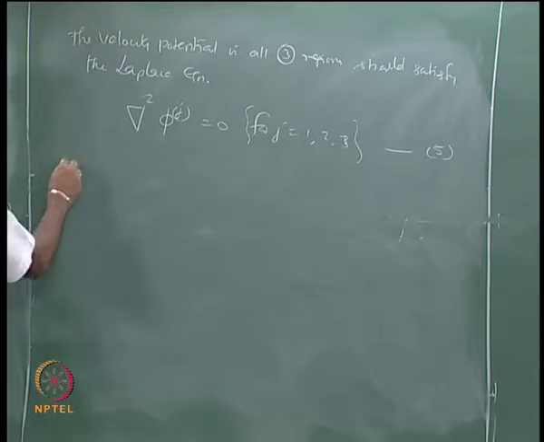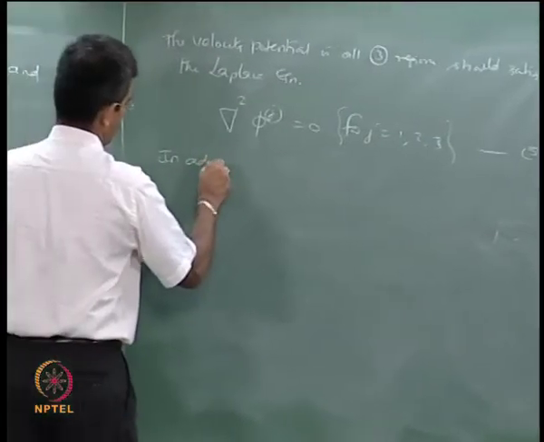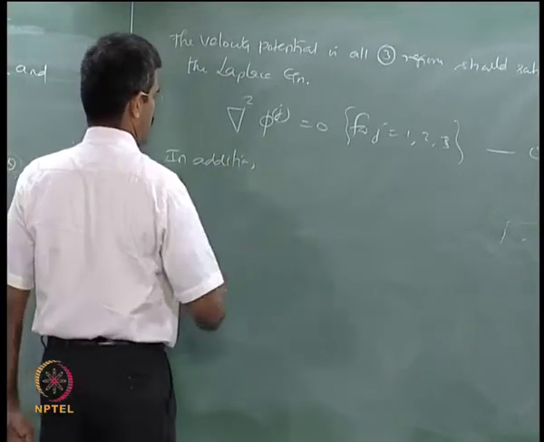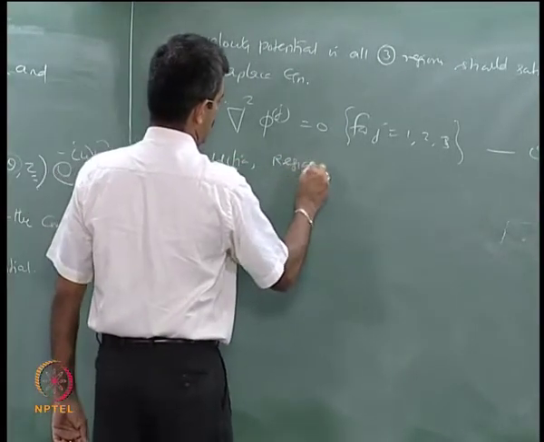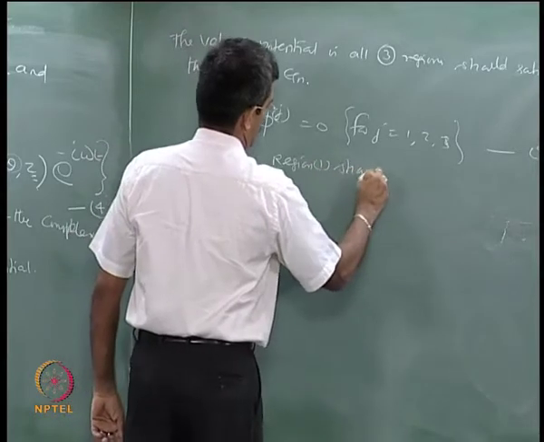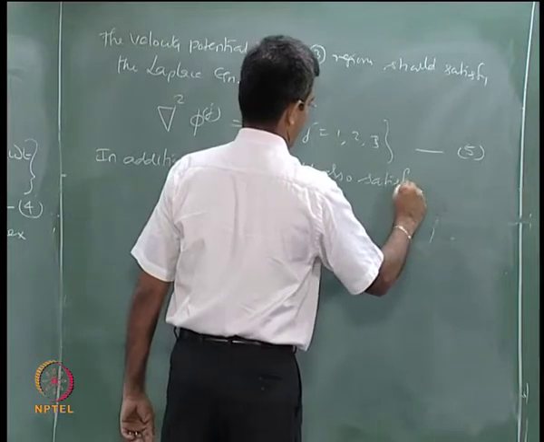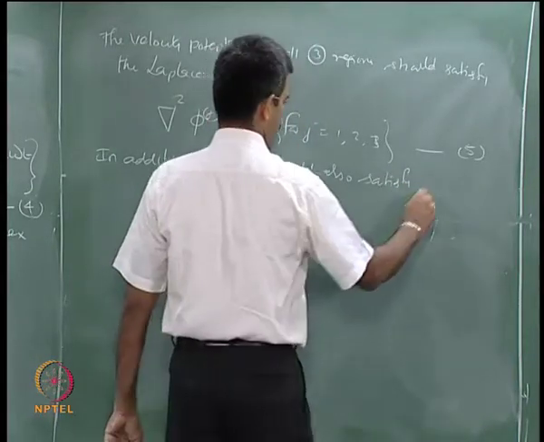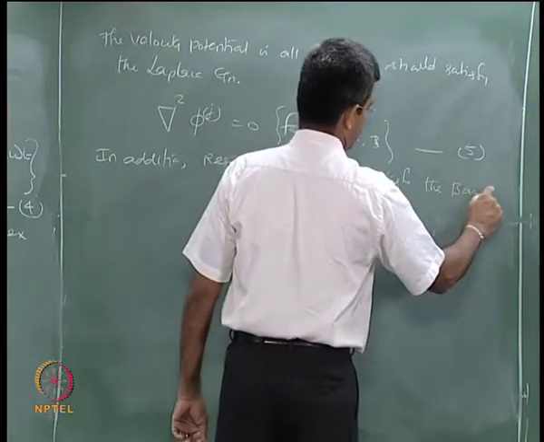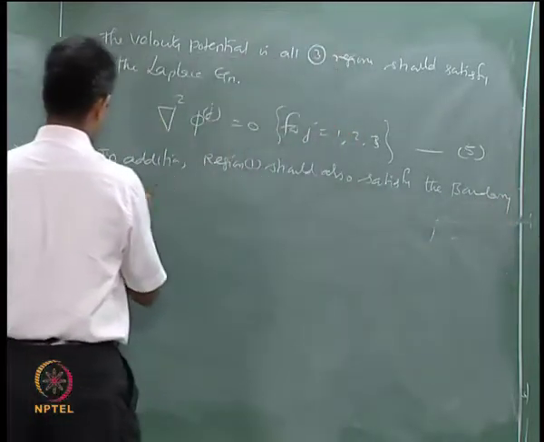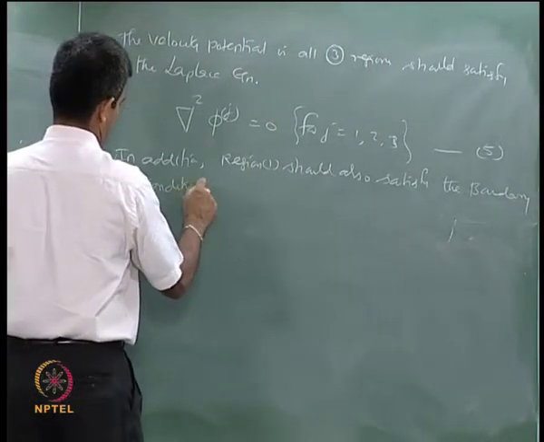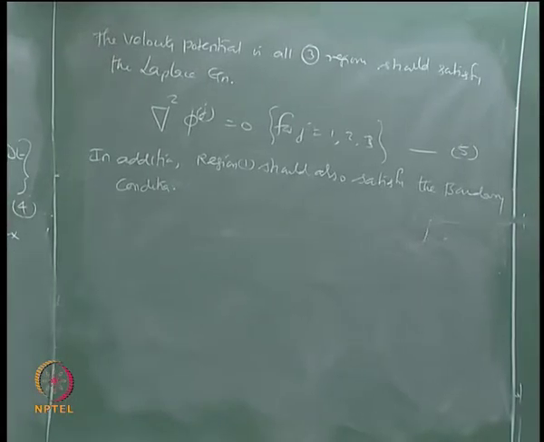In addition, region 1 should also satisfy the boundary condition. Region 1 is the outer region.